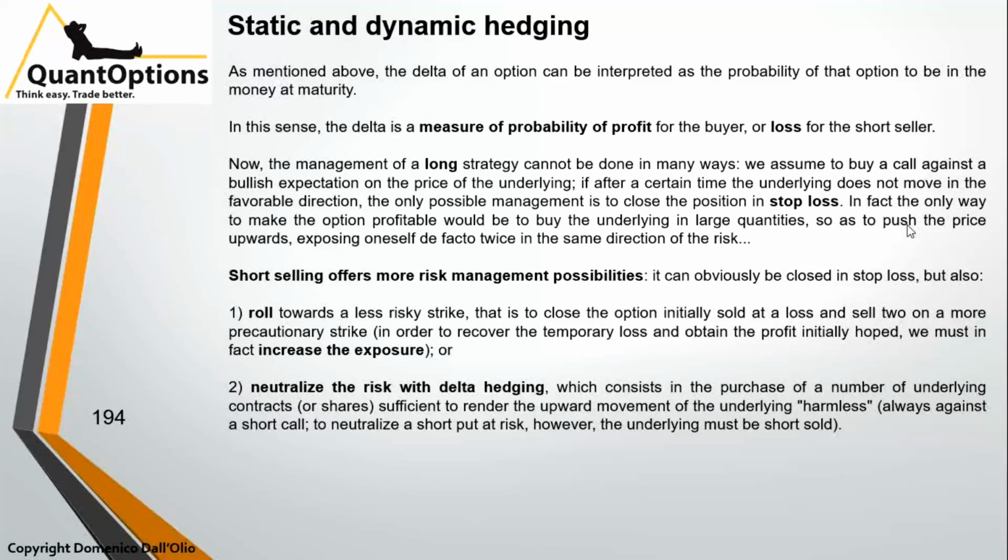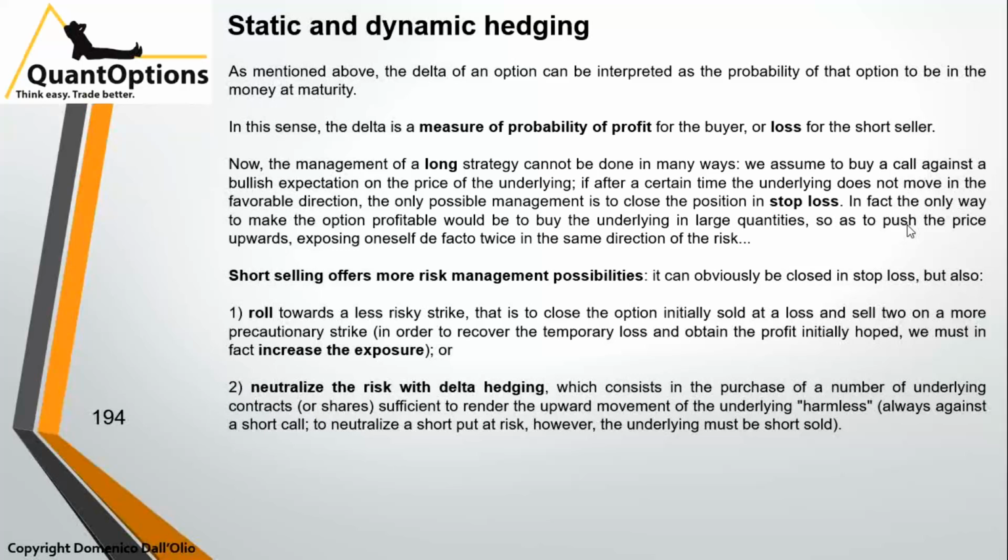If after a certain time the underlying does not move in the favorable direction, the only possible management is to close the position in stop loss. In fact, the only way to make the option profitable would be to buy the underlying in large quantities so as to push the price upwards, exposing oneself de facto twice in the same direction of risk.